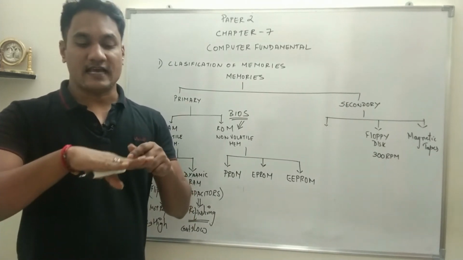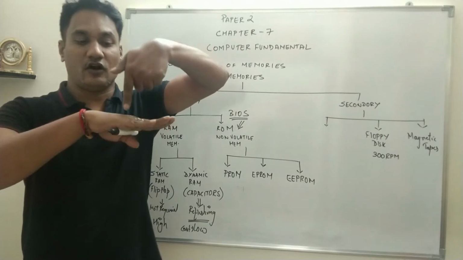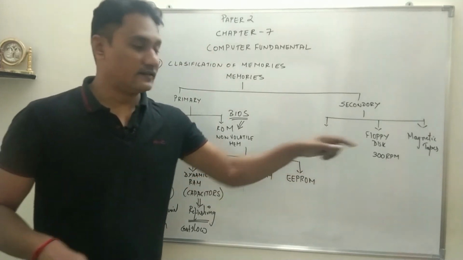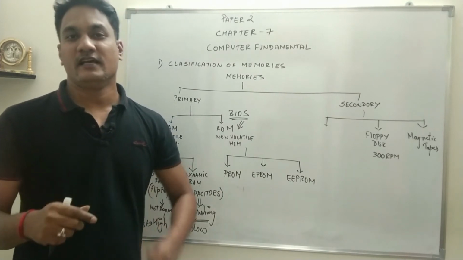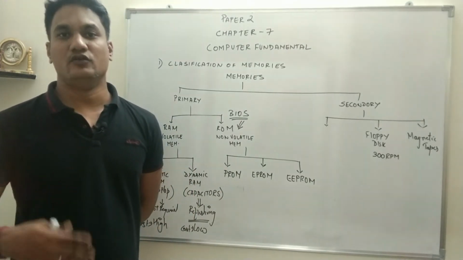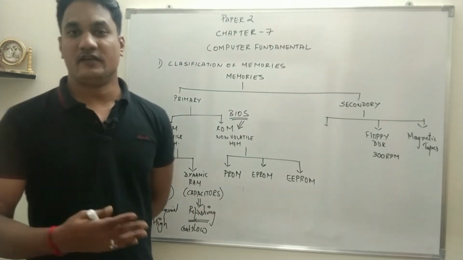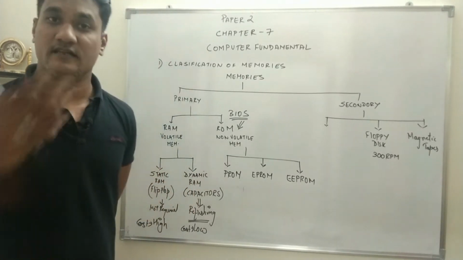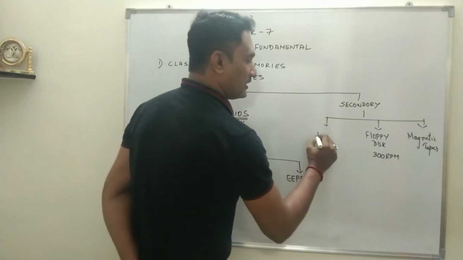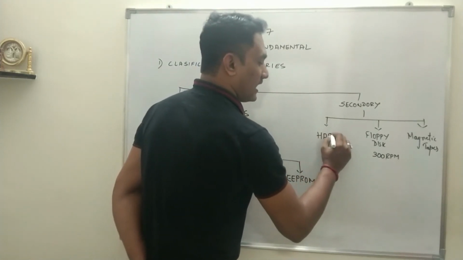As the speed was slow, the head was in constant touch with the film, and the life of that film will be very less, so it used to get corrupt every usage of say 4 to 5 times. So then there was an advancement, and that advancement was called the hard disk.